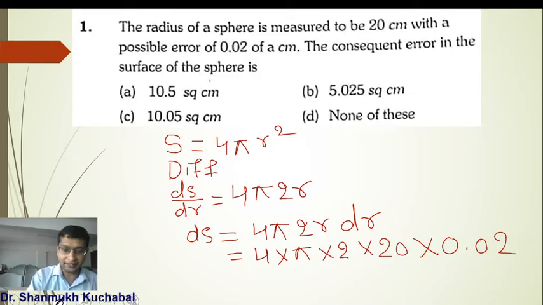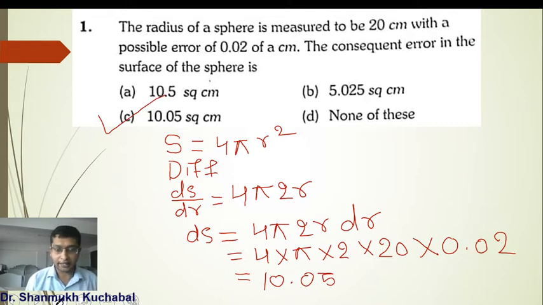If we simplify this, we get the answer as 10.05 square centimeter. Therefore option C is the right answer.